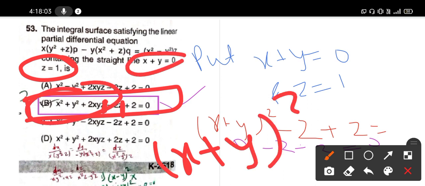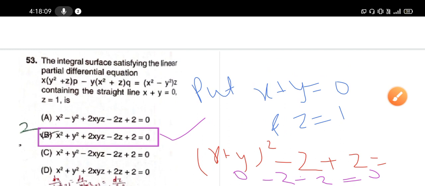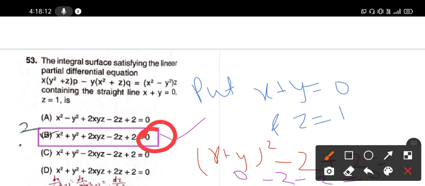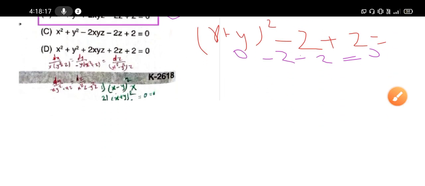Here given x plus y is equal to 0, put this value, and finally we get minus 2 plus 2, that is equal to 0. Here the condition equality holds, 0 equal to 0, so option B is correct. You can check the other options also.